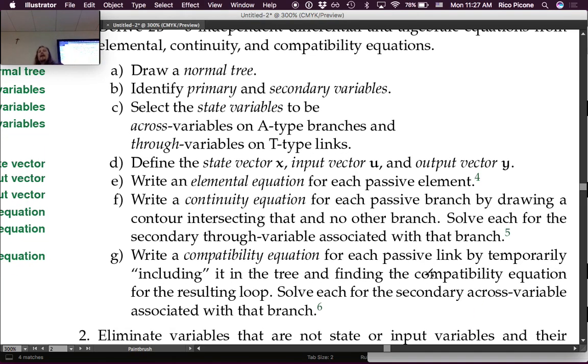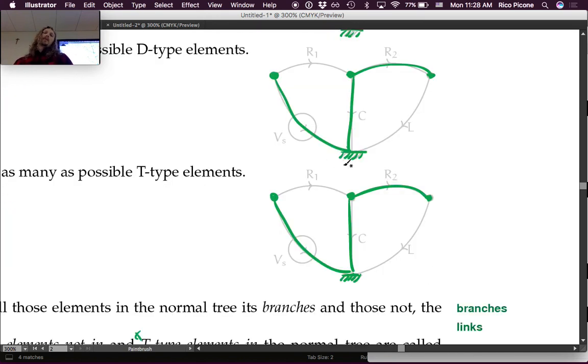G is to write a compatibility equation for each passive link by temporarily including it in the tree and finding the compatibility equation for the resulting loop. And then solve each of the compatibility equations for the secondary across variable associated with that branch. So pretty much what we're doing is we're going to say, let's pretend like R1 is actually in this tree for just a moment.